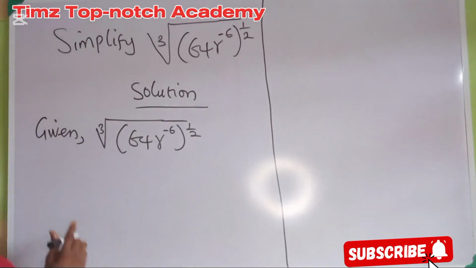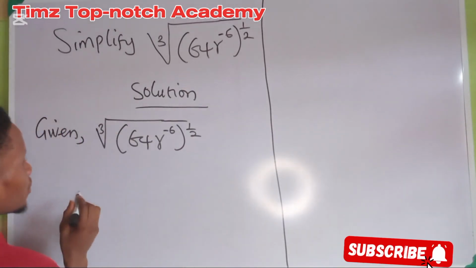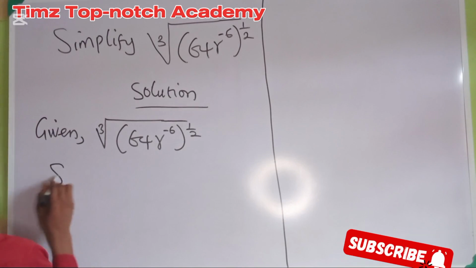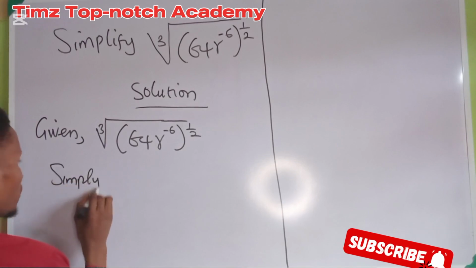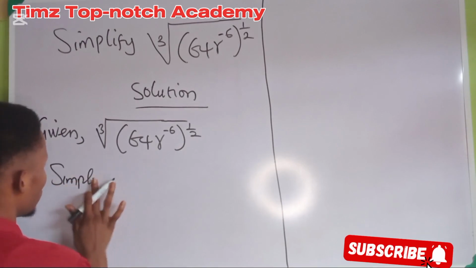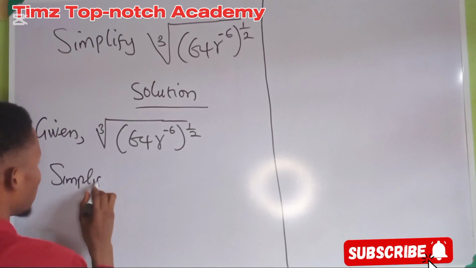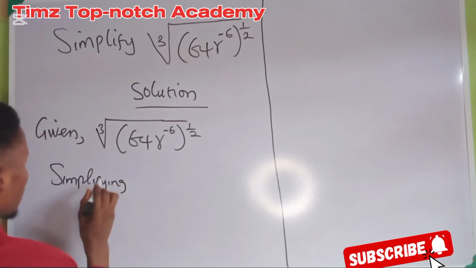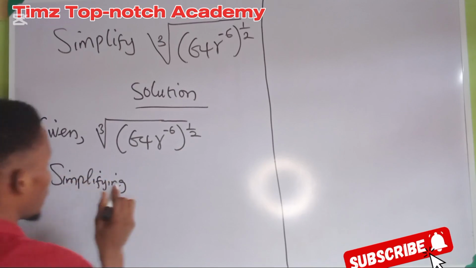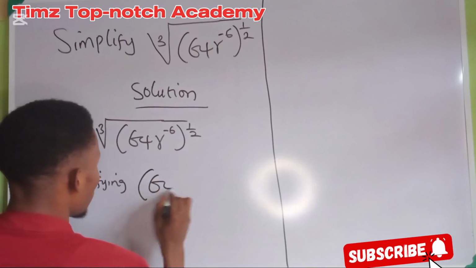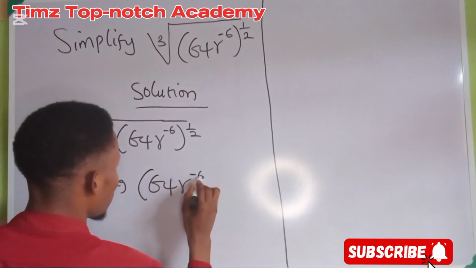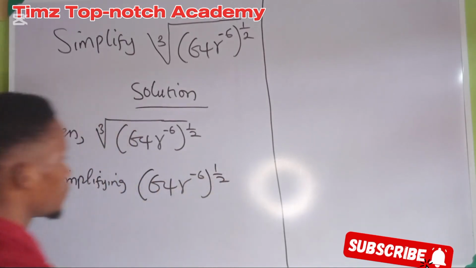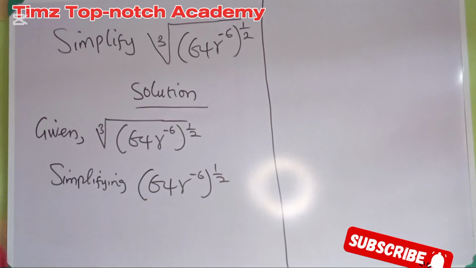So if you do that now, you have simplifying 64 r raised to the power minus 6 or half. There's no need for writing this, but it's important to write it maybe if you are solving an examination.